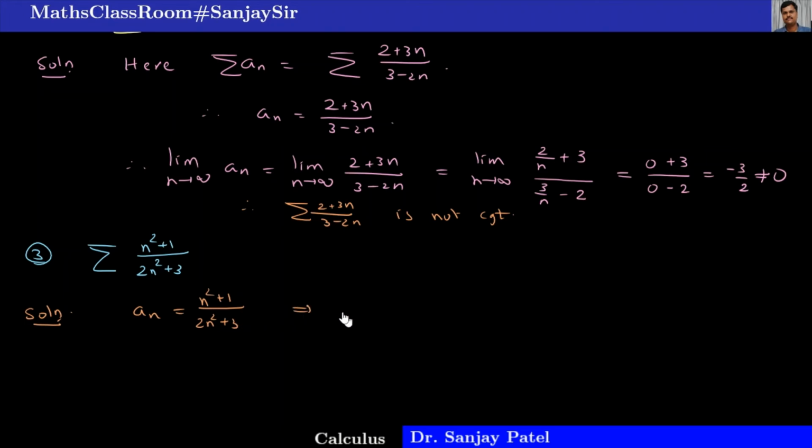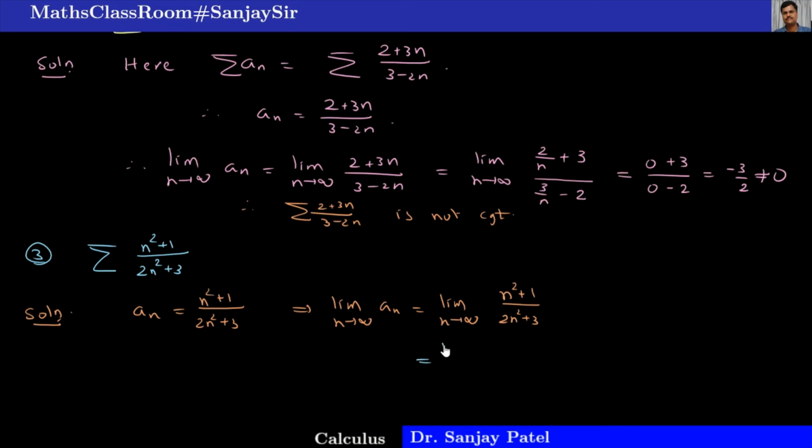So if I find the limit of this an as n tends to infinity, it gives me the limit of this rational expression. As I told you, when we have polynomials, we choose the highest degree, and here the highest degree is 2. So we divide every term in the numerator and denominator by n square.